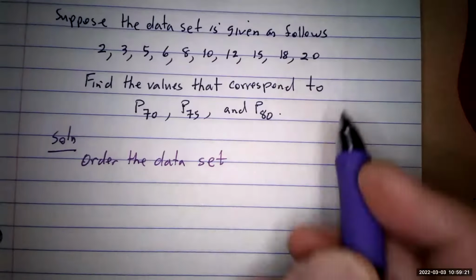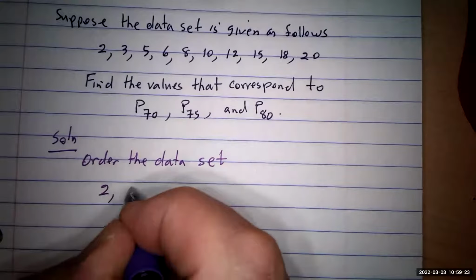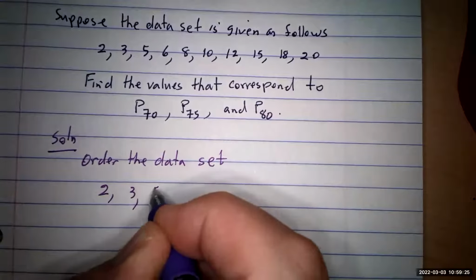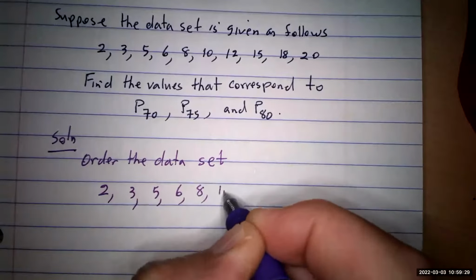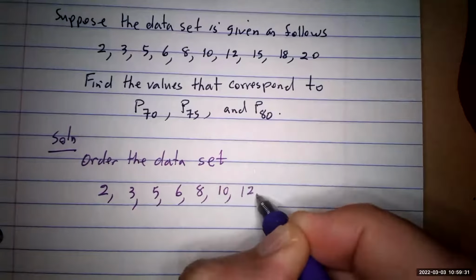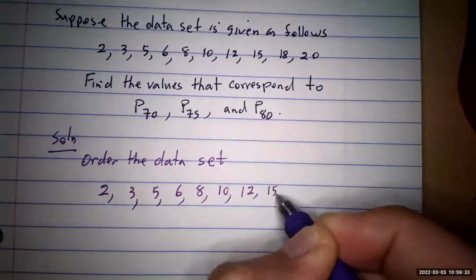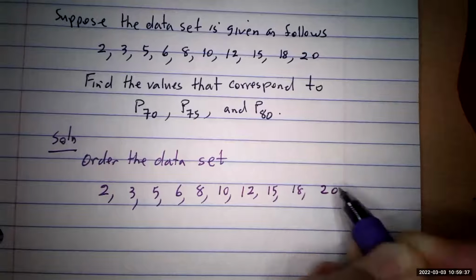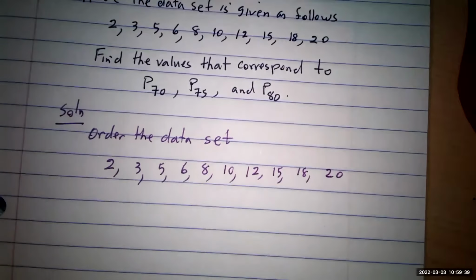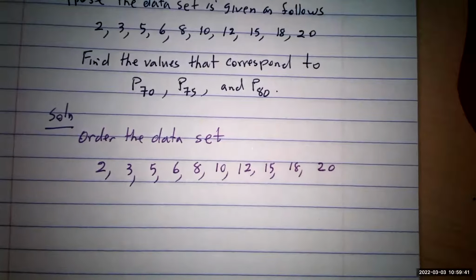So it's 2, 3, 5, 6, 8, 10, 12, 15, 18, and 20. It's already been nicely ordered. Otherwise, you have to do it.